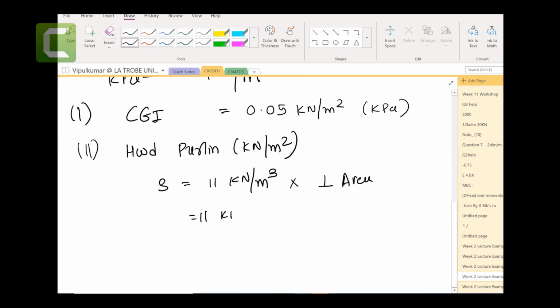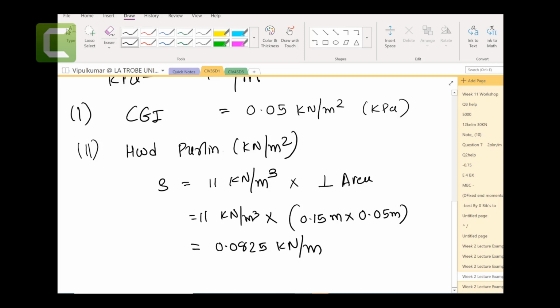So 11, 150 meaning 0.15, and 50 meaning 0.05 meter. You get 0.0825 kilonewton per meter.